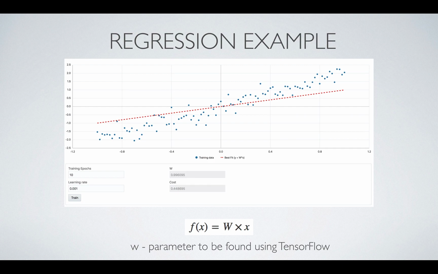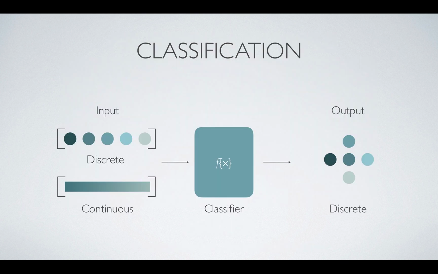And in order to solve this expression, machine learning could try to find w, and then as soon as you know w, for any future x, you may find y, the result of this function, quite easily just by multiplying it. So this is the simplified example, but you may have not a line but a curve or multidimensional data and so on. But this is the simplistic example of regression.